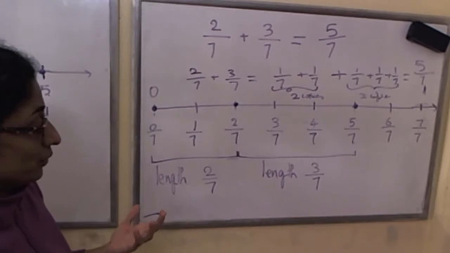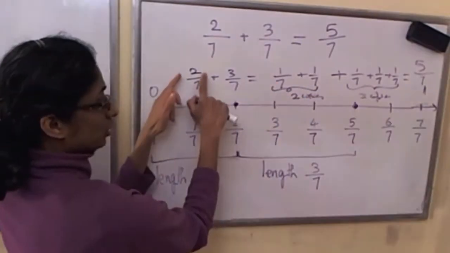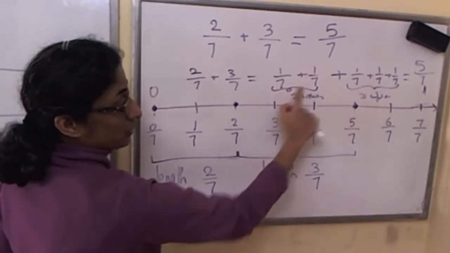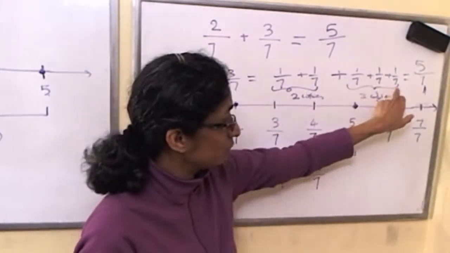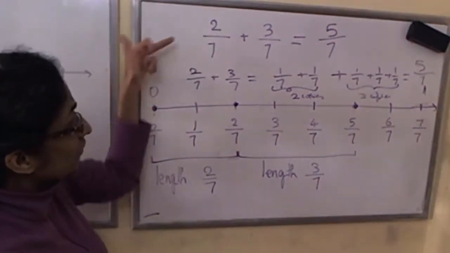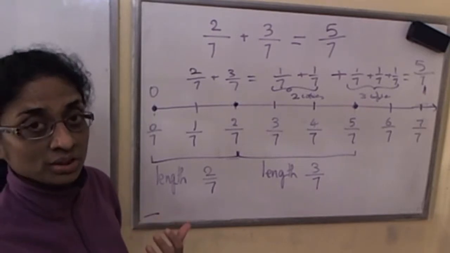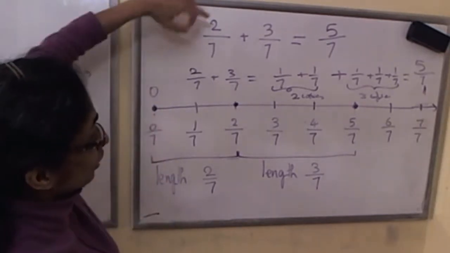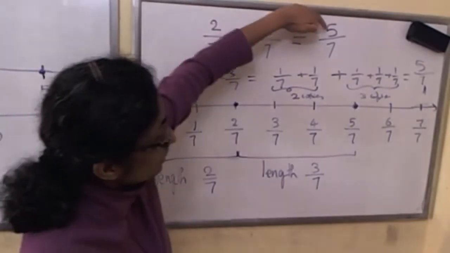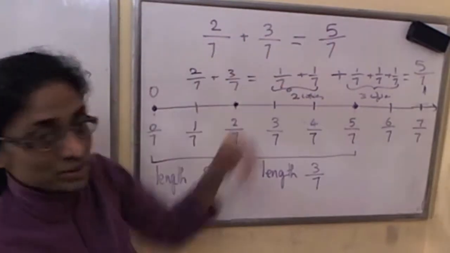The reason that's happening is due to this argument here. 2 over 7 is 2 copies of 1 over 7, and 3 over 7 is 3 copies of 1 over 7. So when we are adding fractions with the same denominator, we're simply counting the total number of copies of the same thing. So 2 copies plus 3 copies, that's 5 copies. Of what? Of just 1/7. So that's how we get it.